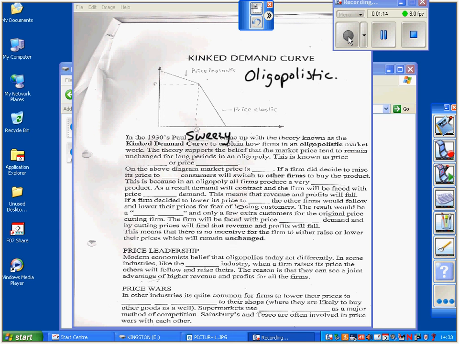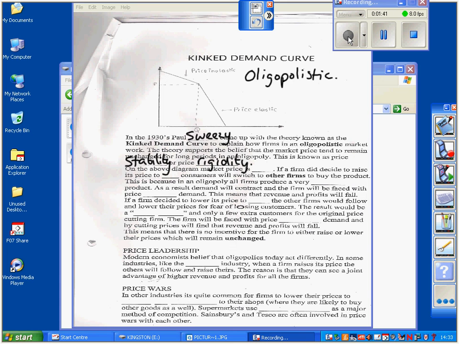The theory supports the basic belief that the market price tends to remain unchanged for long periods of time in an oligopoly. This is known as price stability, so prices remain stable, or price rigidity, which just means the same thing, they stay fairly stable.